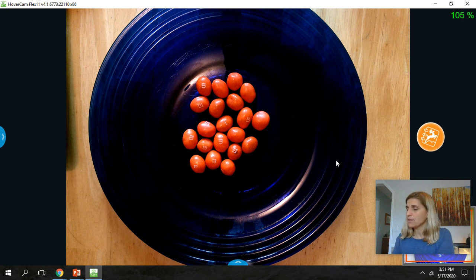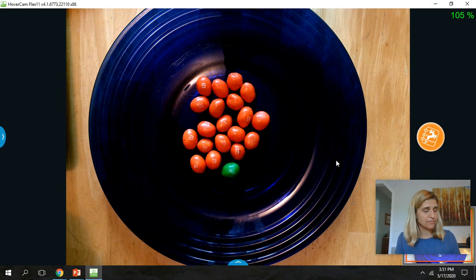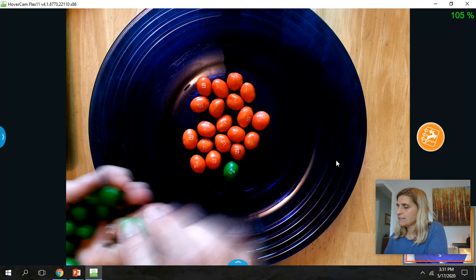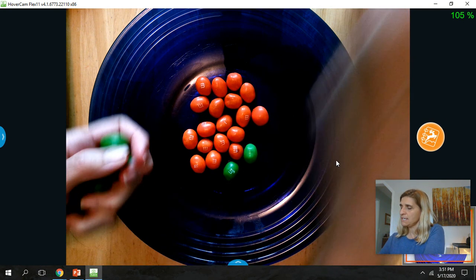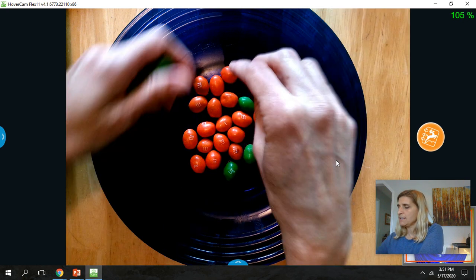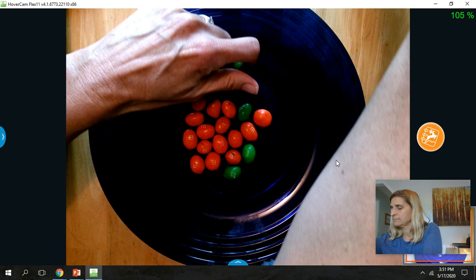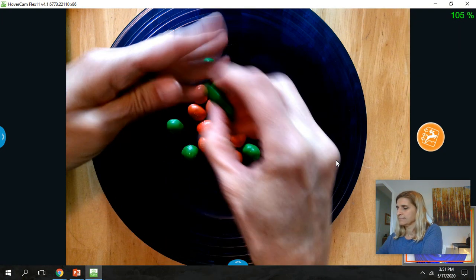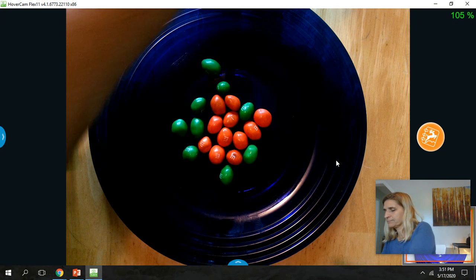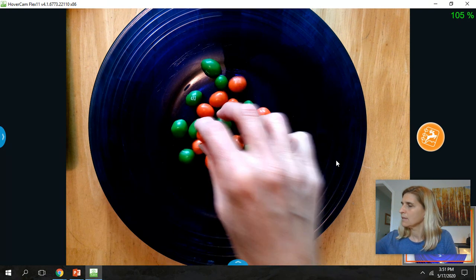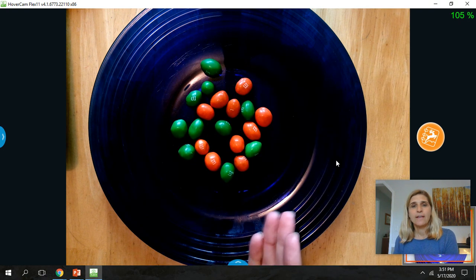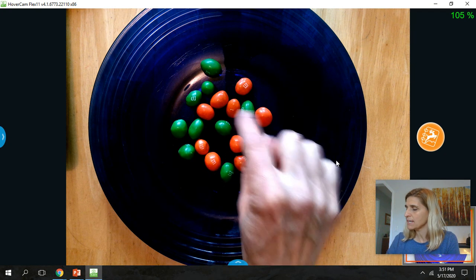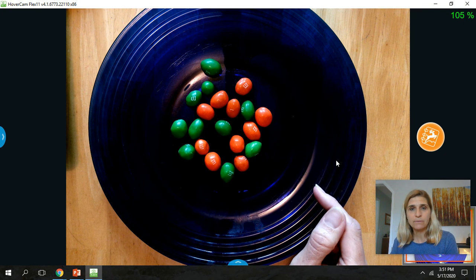So we're going to go ahead and do that. We're going to pretend that we've had a half-life. I'm going to replace these carbon-14s with nitrogen. Okay, so you can see here that half of them, if we were to count 1, 2, 3, 4, 5, 6, 7, 8, 9, 10, are still carbon-14.